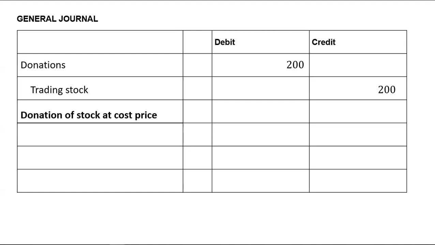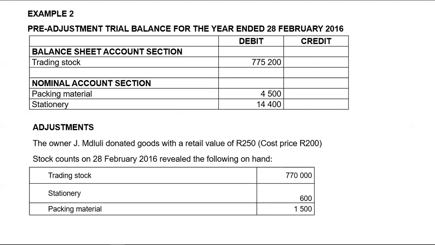Why am I doing this? All I have done thus far is to reduce the value of stock that I've got in my trial balance because it is incorrect. The reason why it is incorrect is because this adjustment here took place and that value was not adjusted. As it says, pre-adjustment. It was not adjusted. So we need to adjust it to the correct value. So at the moment, all we know is that our trading stock is sitting at 775,000.